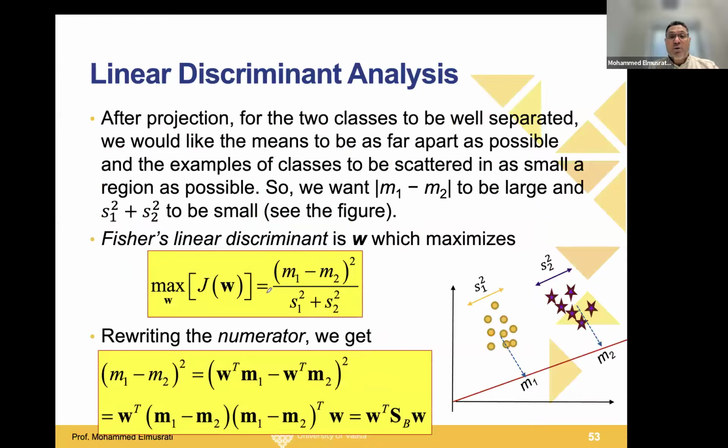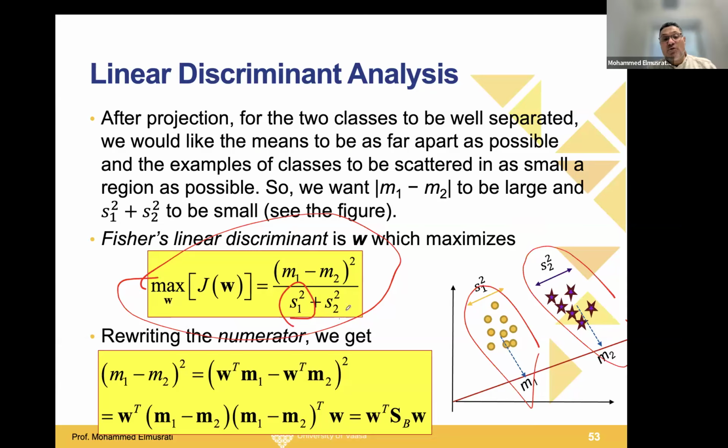So in this case, how can we do that? We can do it by maximizing this function. This function is M1 minus M2, the mean of class 1 and the mean of class 2. I want to keep them as large as possible, but at the same time I want to keep the variance of each class within itself as small as possible.